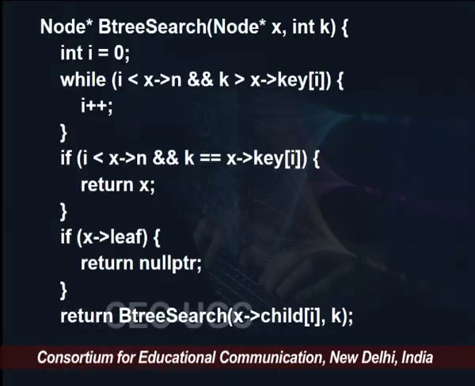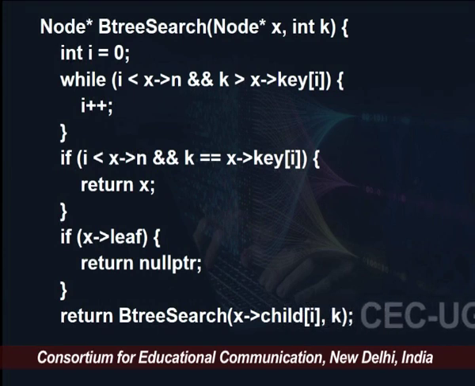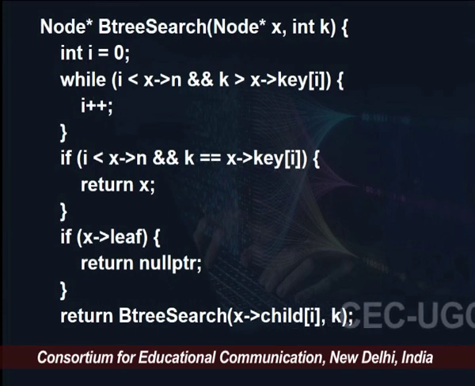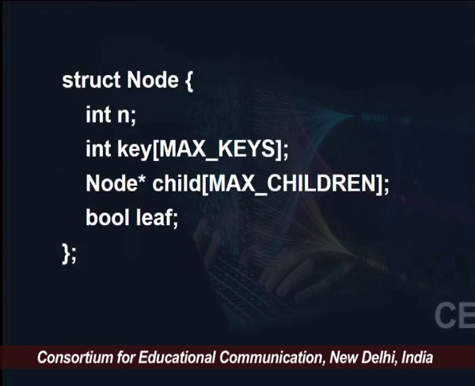Now, let us try to understand the structure of the node, and then the algorithm which is used in order to search any particular key in a B tree. So, let us say we have a struct node.